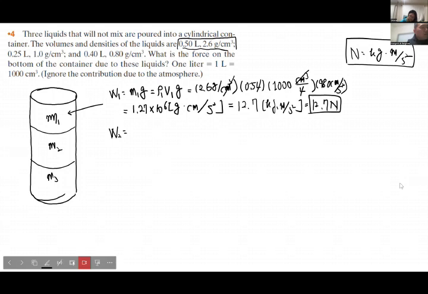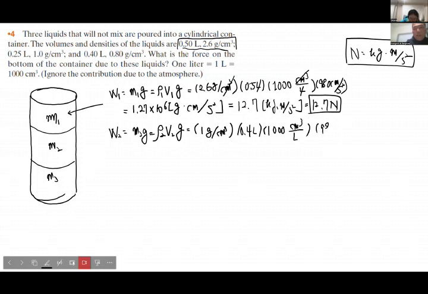Same thing, same formula. That is M2G, which is the density 2 times V2 times G. So density 2 is 1 gram per cubic centimeter, and volume is 0.25 liter. You apply the unit conversion, 1,000 cubic centimeter per liter and 980 centimeter per second square.